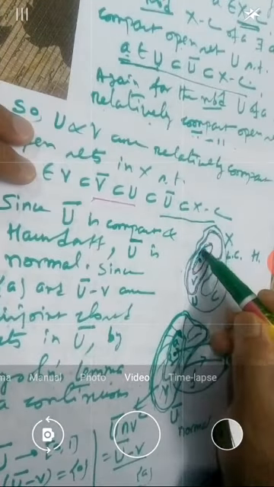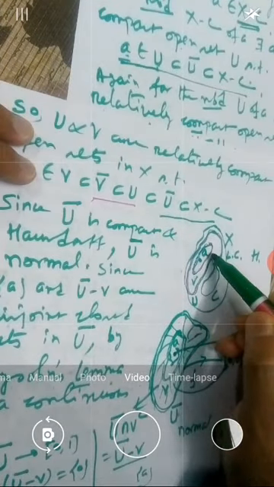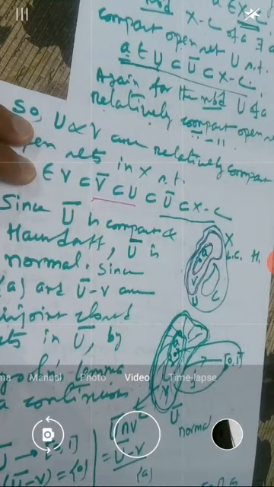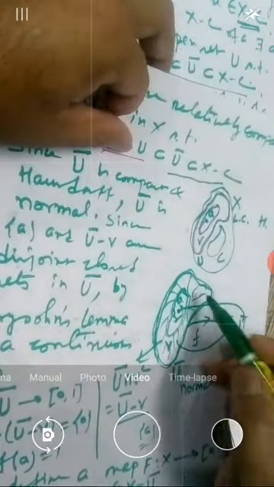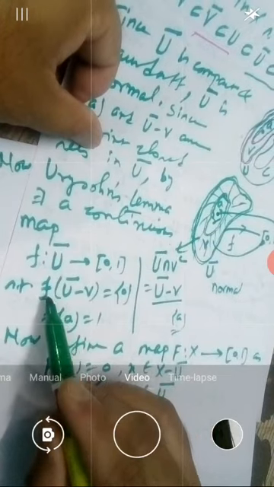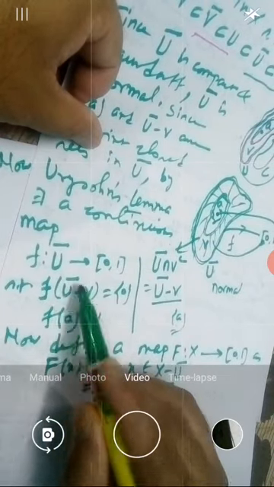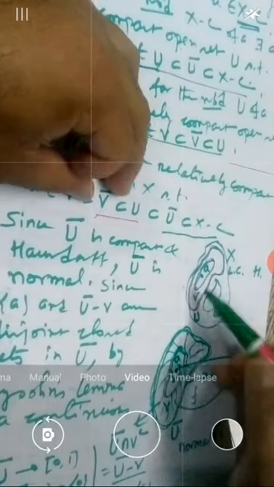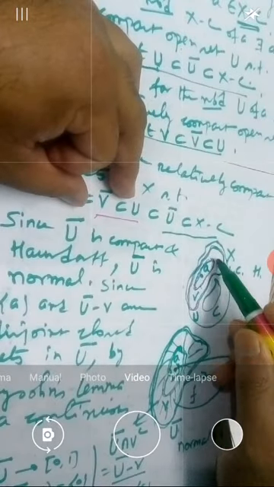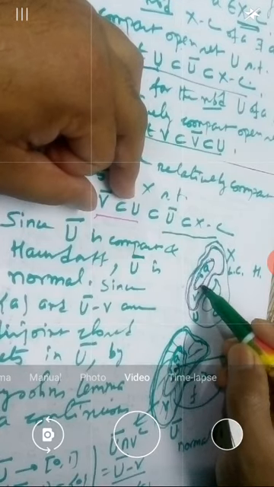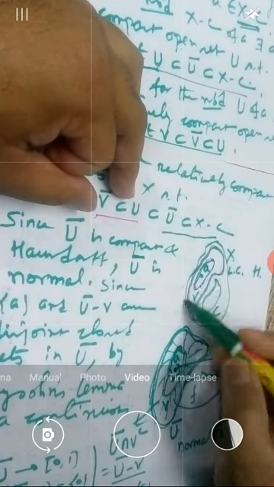The smallest portion is V in the V complement. If we restrict, then what will we get? Small f maps every point of this annulus, U bar minus V, to 0.